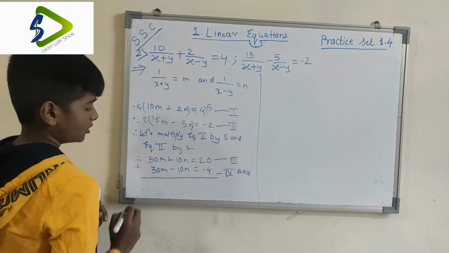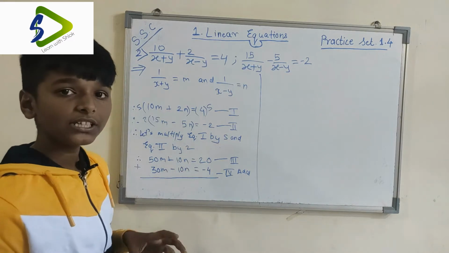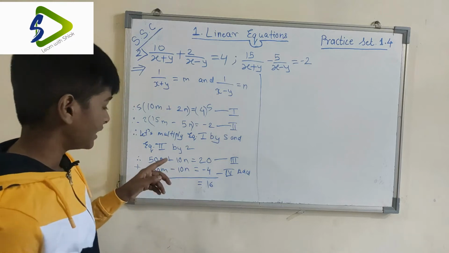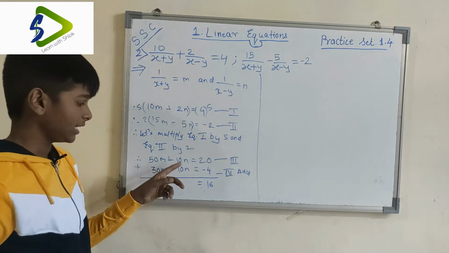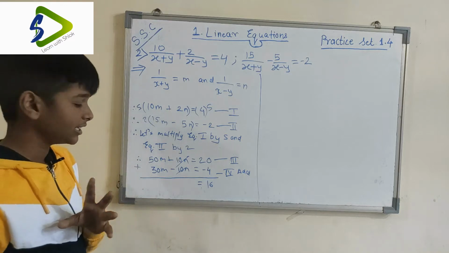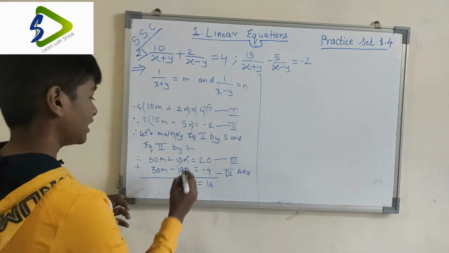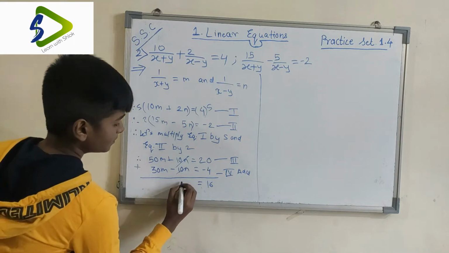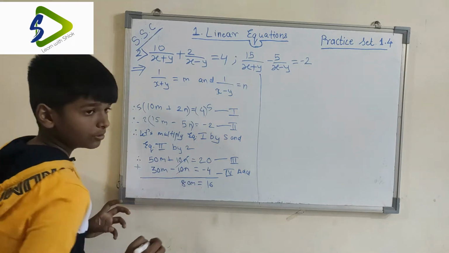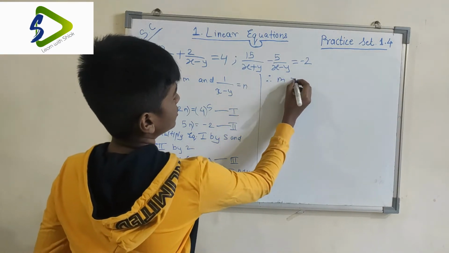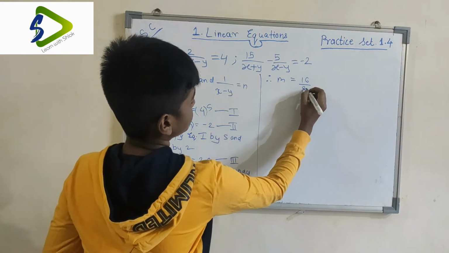Now if you add these equations, 20 plus minus 4 will be 16. And now you can cancel the 10n out, because plus 10n plus minus 10n will be 0n, so you cancel both out, and 50m plus 30m will be 80m is equal to 16, and therefore m is equal to 16 by 80.